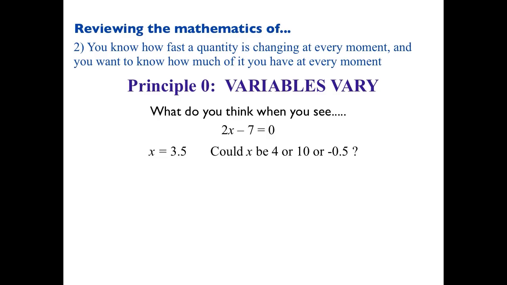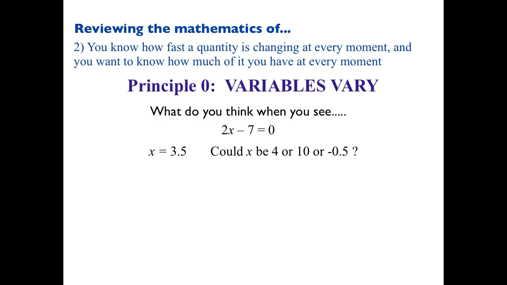Could x be another value? What would happen if x was 4? You get 1, right? So we could say x could be 4, but then that equation would not be true.